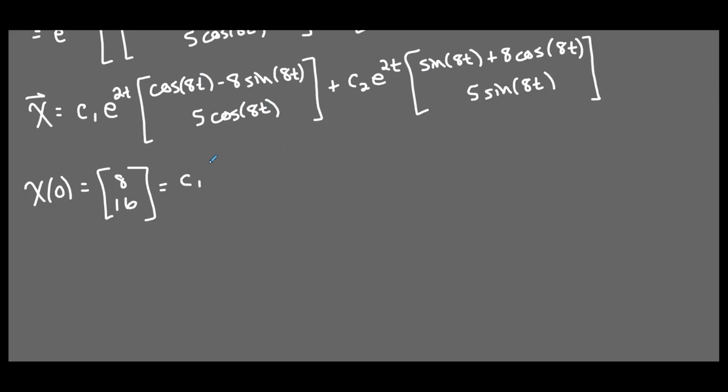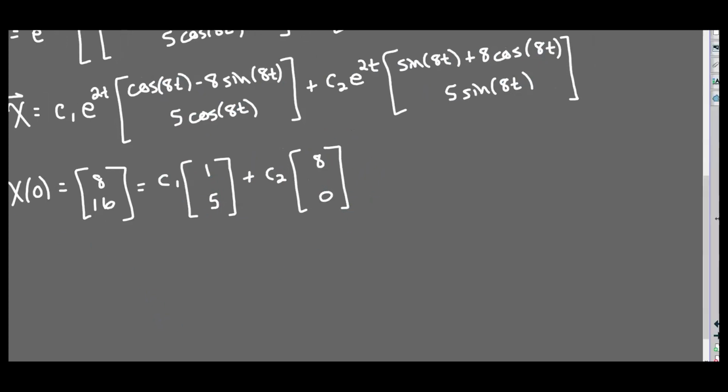So I'll get C1, and then cosine of 0 is 1. On the bottom, cosine of 0 is 1 times 5. I get 1, 5. And on the second one, 8 cosine of 0 will just be 8 times 1. And on the bottom here, I got sine of 0, 0. So that one's 0. We need to solve this equation.